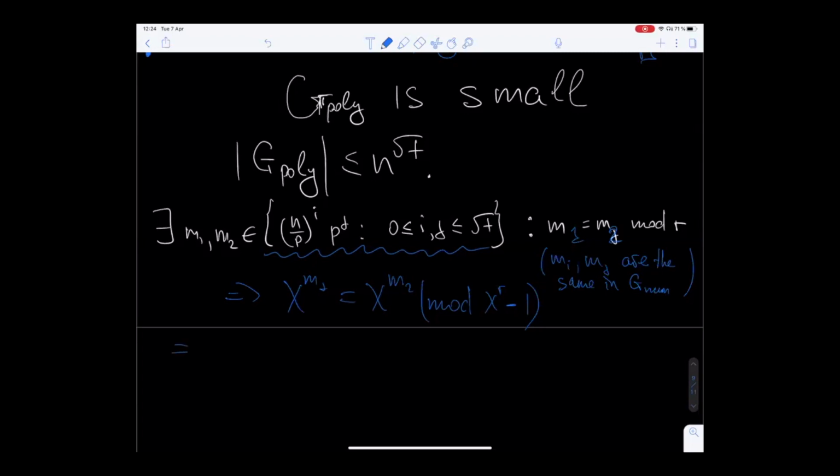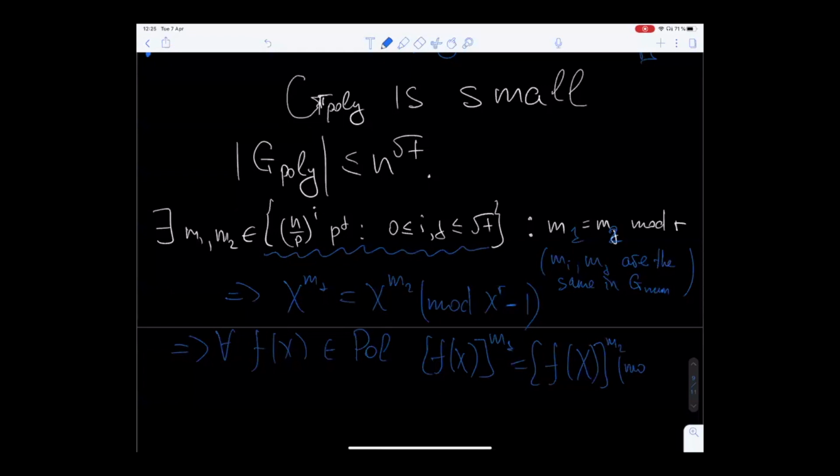This implies that for every f of x in Poly again, we have f of x to the m1 equals f of x to the m2 modulo p and x to the r minus 1.